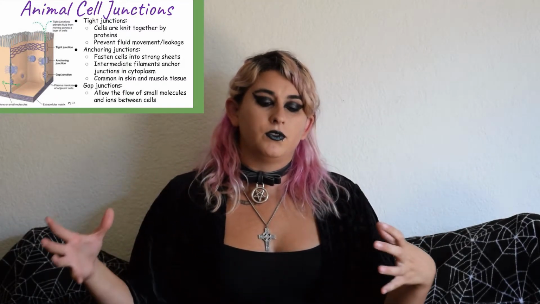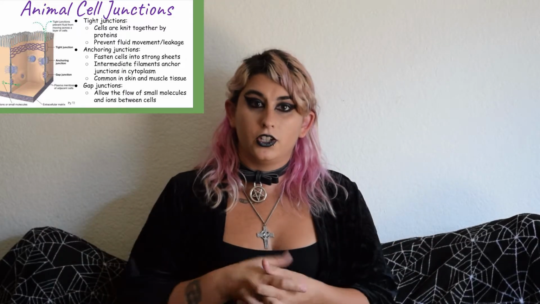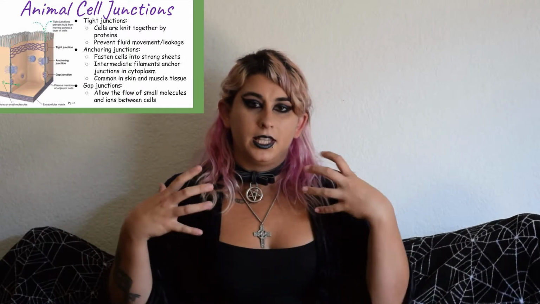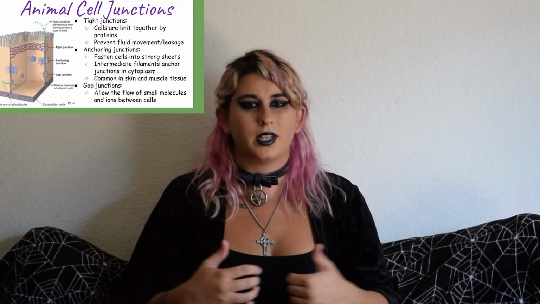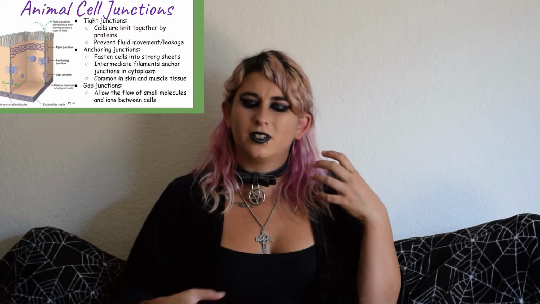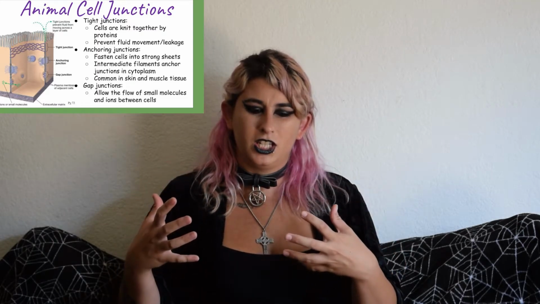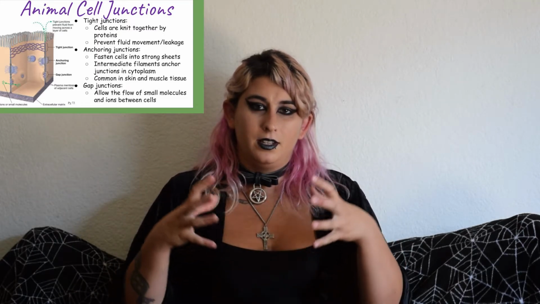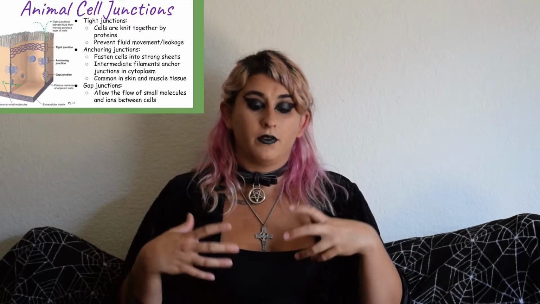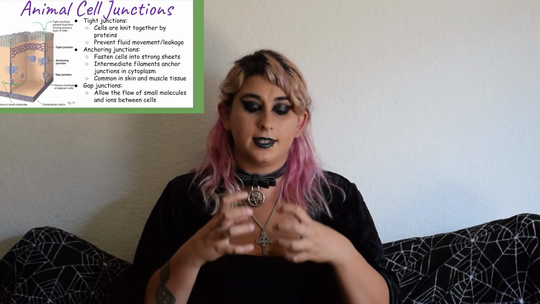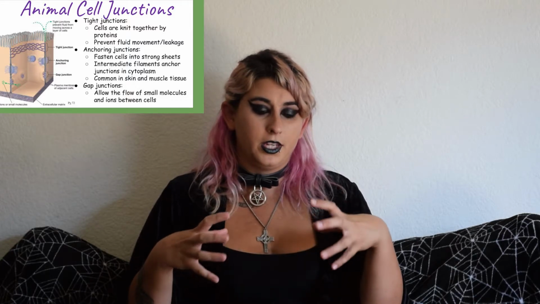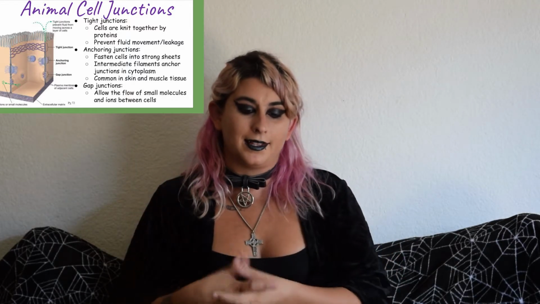The second type of junction is the anchoring junction. And the anchoring junction, you can kind of guess what it does. It holds the cells together, specifically into strong sheets, and it's made up of a lot of intermediate filaments that anchor these things together with these junctions in the cytoplasm.